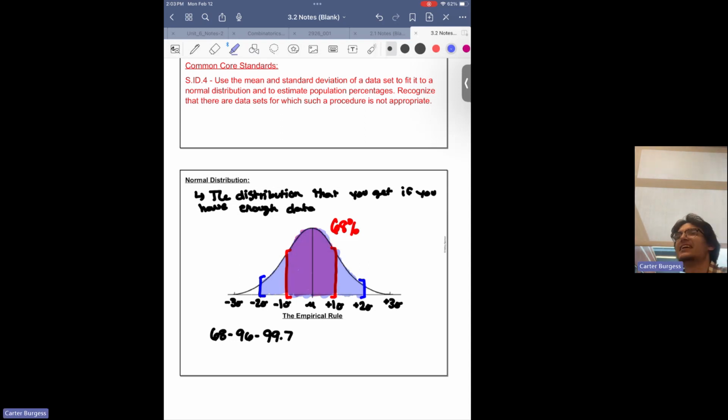Yeah, I guess it's like 95.6 rule if we want to memorize to the decimal, but you can think of it as 95, you can think of it as 96, either way. So this would be somewhere between 95 and 96% of our data.